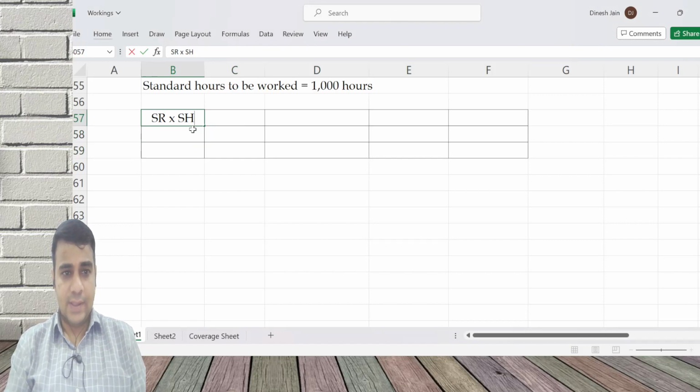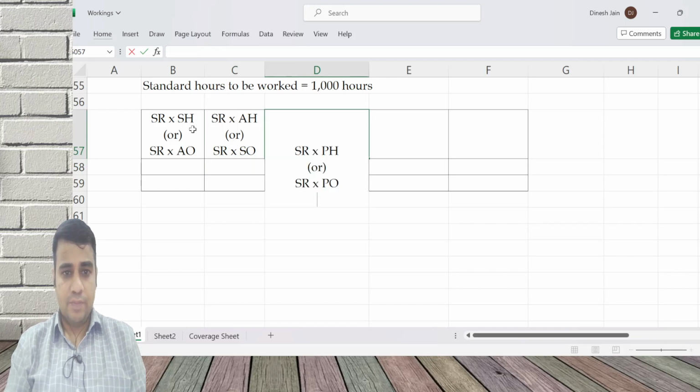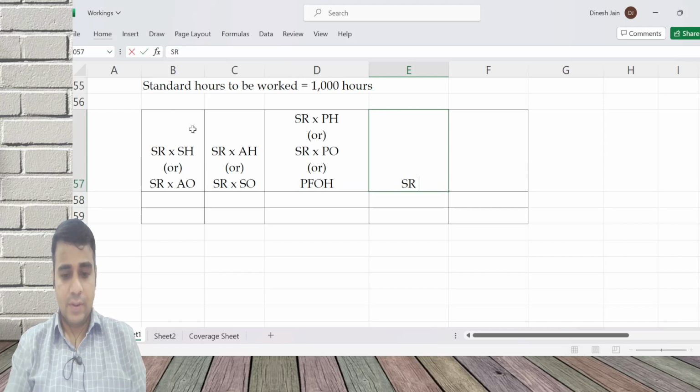SR into SH or SR into AO, SR into AH or SR into SO, PH, PO, PFOH, BH or BO or BFOH and AFOH.